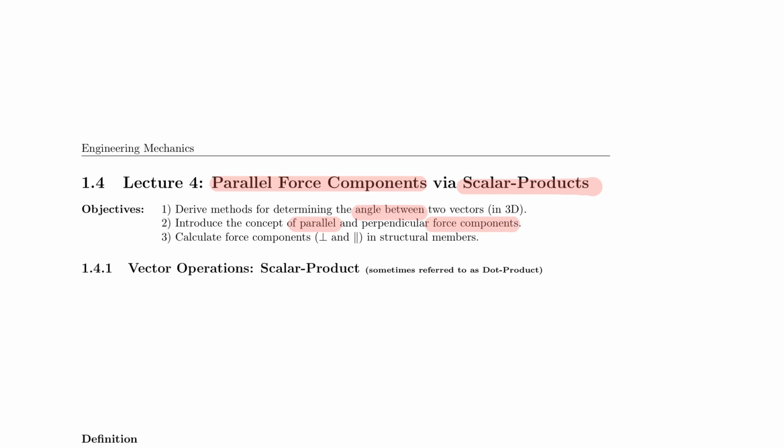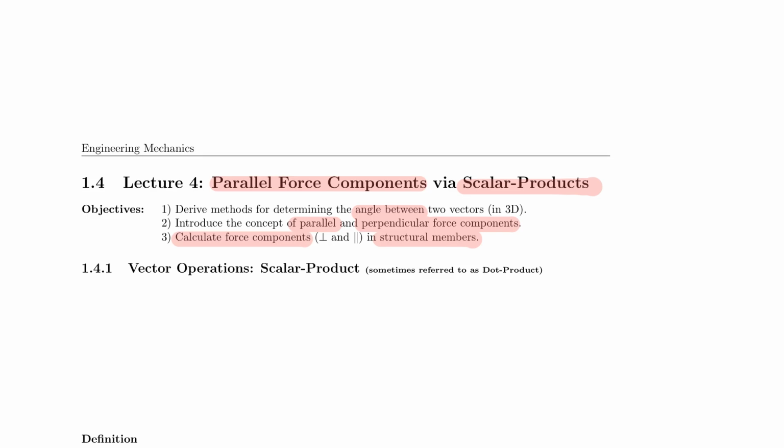So therefore, I want to introduce the concept of parallel and actually perpendicular force components. But the method that we will look at today is really only meant to calculate parallel forces. And you will understand that as we move through it, because of our ultimate goal, which is to calculate these force components in actual structural members.